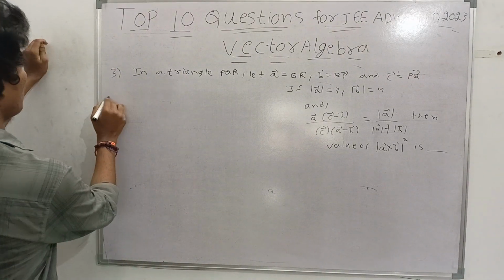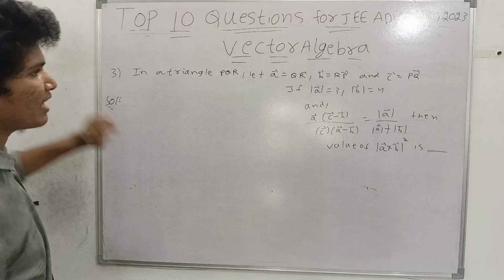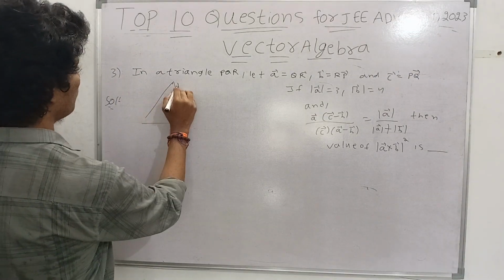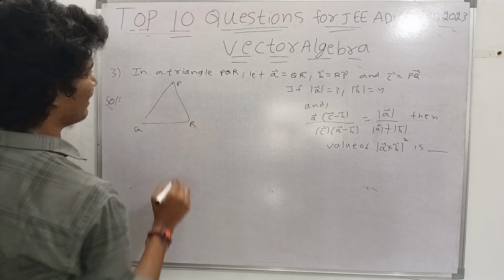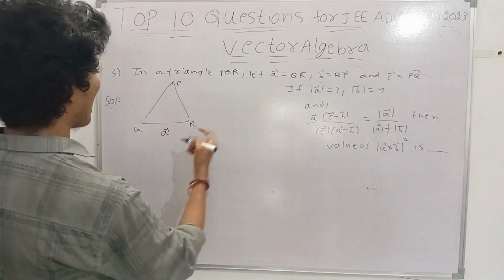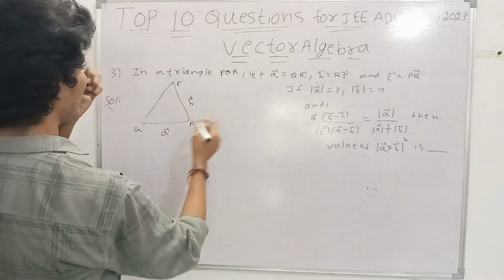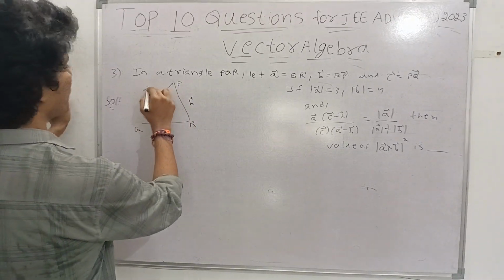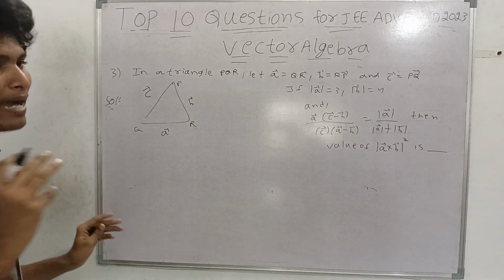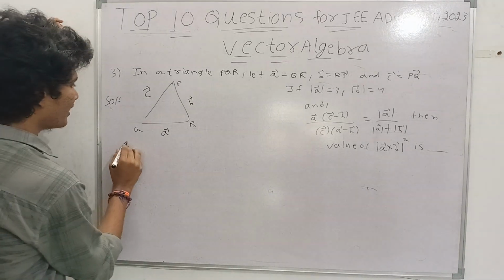In a triangle, listen carefully guys, they said PQR is a triangle, and QR vector is A vector and RP vector is B vector and PQ vector is C vector. So basically A, B, C are the sides of the triangle. So by applying the triangle property, what we can get?